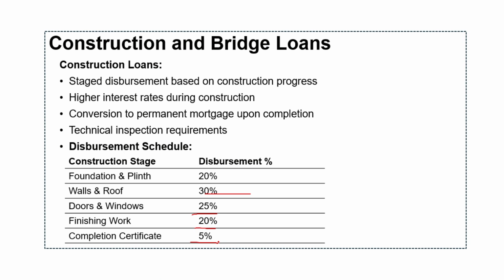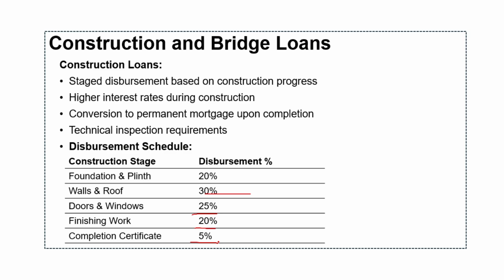Higher interest rates during construction, typically 0.5 to 1% above standard home loans, reflect the increased risk of incomplete projects and construction delays. Technical inspection requirements ensure disbursement matches actual progress, protecting both lender and borrower's interest.